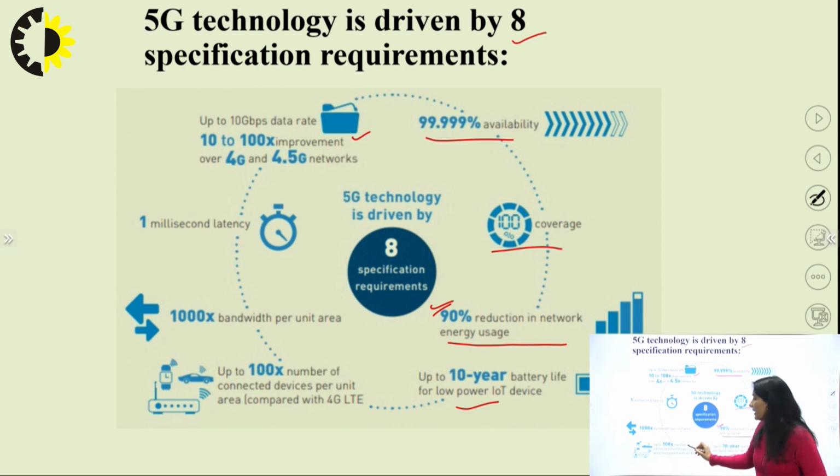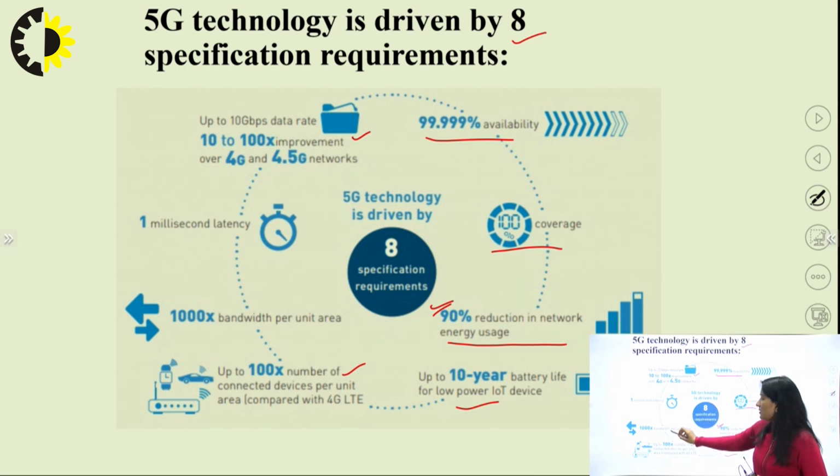Then 100 times the number of connected devices per unit area compared to 4G LTE. Connected device means your smartphone, everywhere you have your Wi-Fi. Earlier we were not thinking about Wi-Fi in our cars, but it is available. We have AI-enabled machines, other devices, fridge, everything is connected through Wi-Fi, your network.